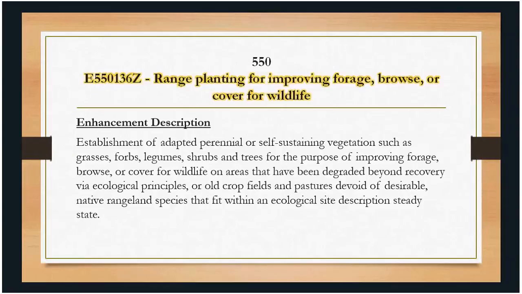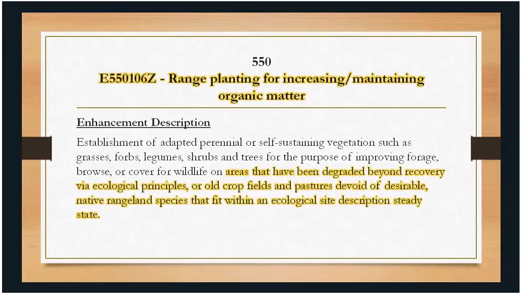But okay, the one for wildlife, the enhancement description is to establish adapted perennial or self-sustaining vegetation, such as grass, forbs, legumes, shrubs, or trees, for the purpose of improving forage, browse, or cover for wildlife on areas that have already been degraded beyond recovery, or old crop fields and pastures devoid of desirable native rangeland species that fit within the ESD of a steady state.